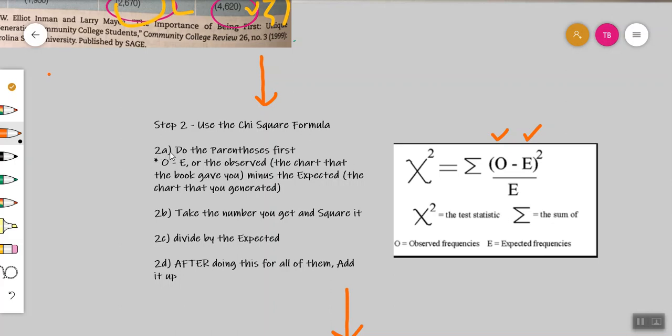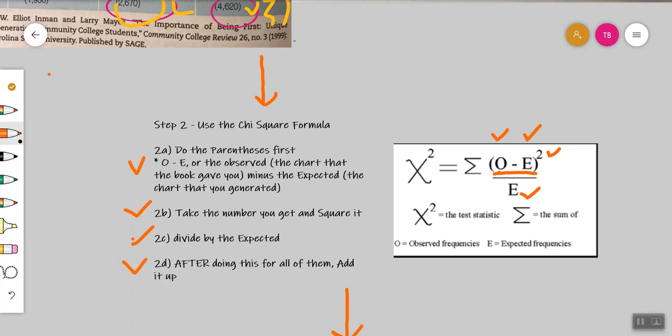Verbally, you want to do the parentheses first. So we're talking about these ones right here: the observed minus the expected. You're going to square that number. Then you're going to divide by the expected, which is the chart we just made.